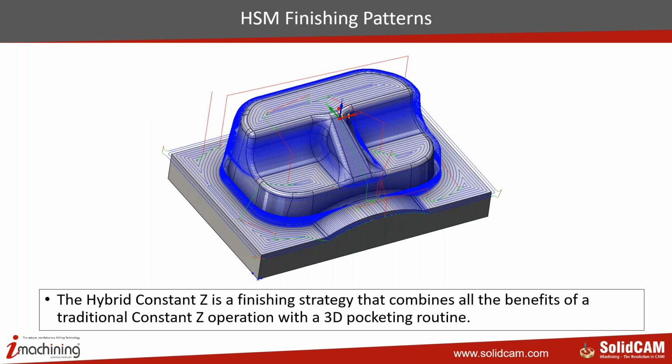And then we have the hybrid constant Z machining, where it uses a combination of constant Z machining and the 3D pocketing routine, the 3D roughing pocketing routine. It uses that routine to generate the toolpath, so it can handle horizontal and not so horizontal areas and still finish the part completely using this routine.